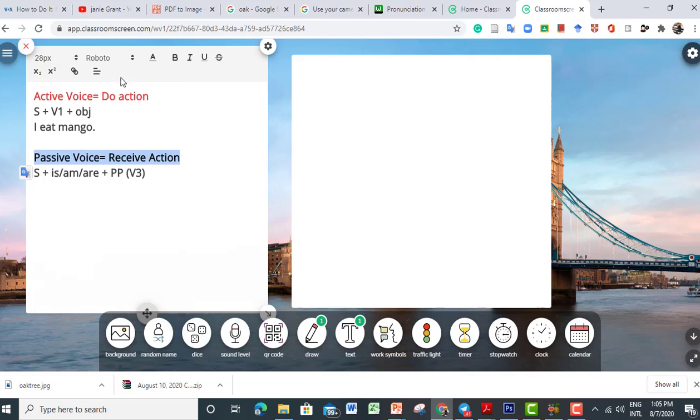We have to change it like this, everyone. We use the word mango, the mango, is. So we have to change the verb eat to verb 3. Verb 1 eat, verb 2 ate, verb 3 eaten, right? So we have eaten.